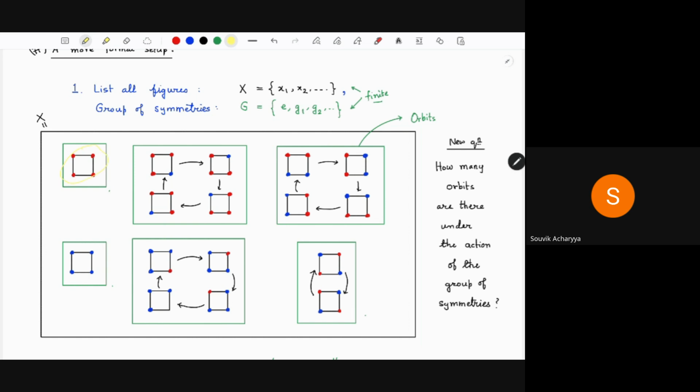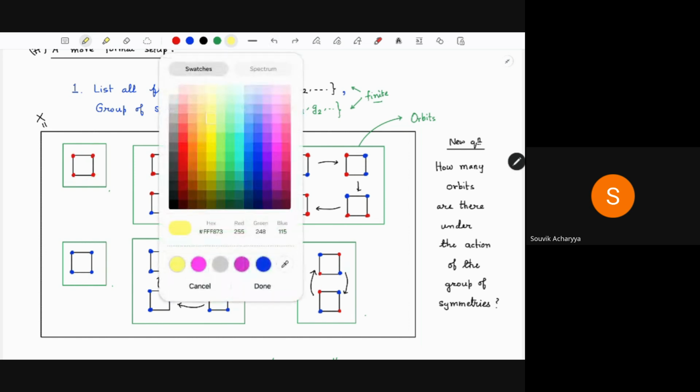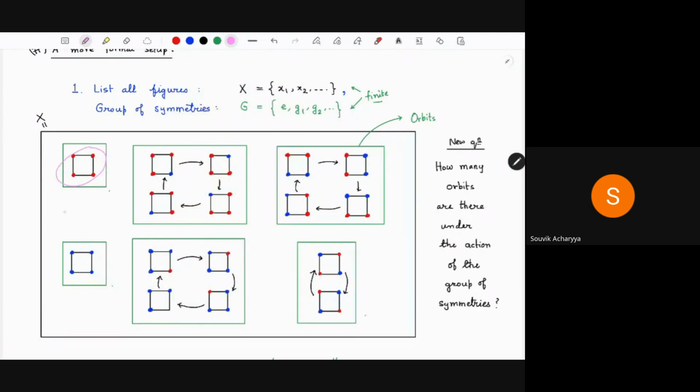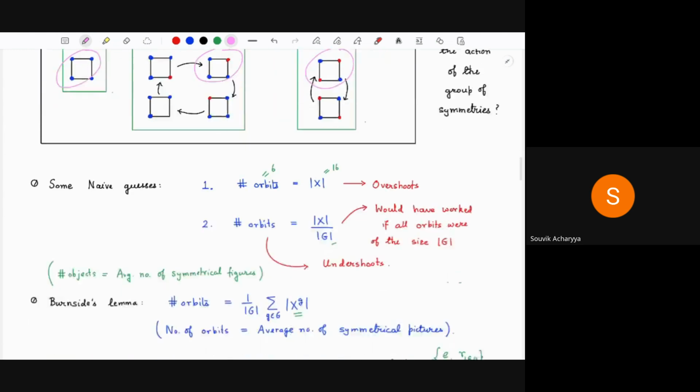See, this one, the yellow might not be visible, so let me change the color to a more obnoxious color. There we go. This one, pick this one, and this one. So from each orbit, I picked a figure. In particular, I picked a figure for each distinct object.